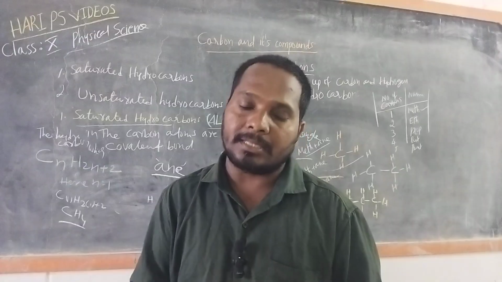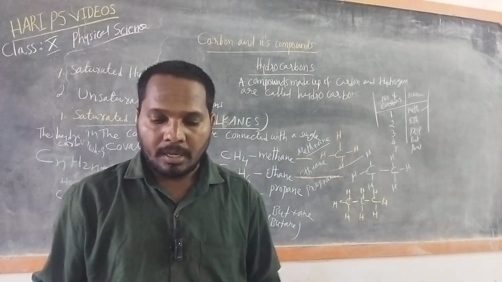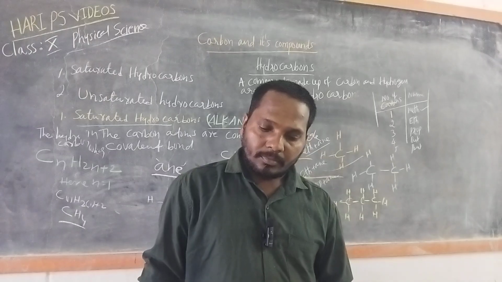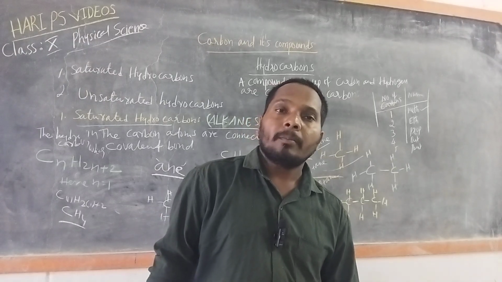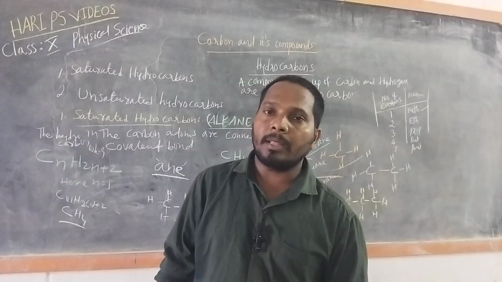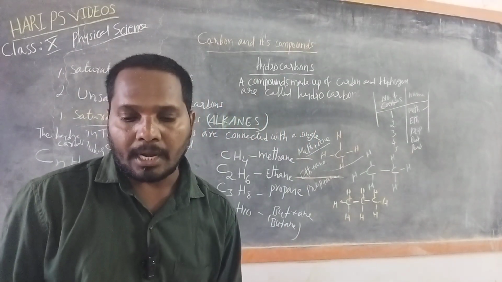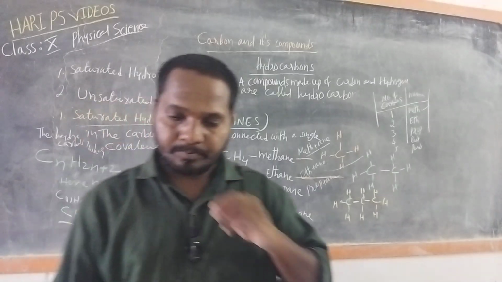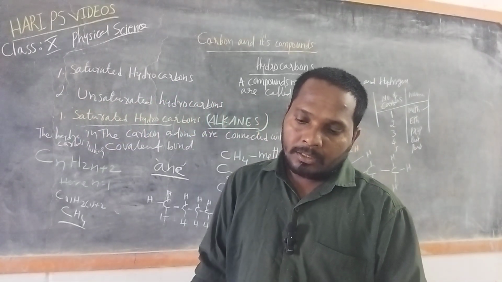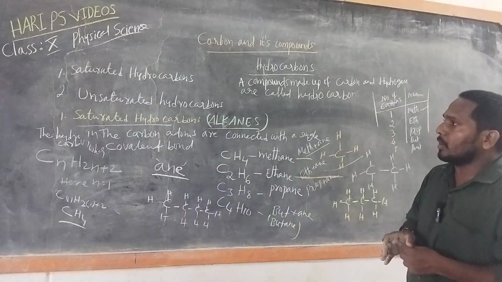The alkanes, methane, ethane, propane, butane, pentane, are formed by covalent bonds between carbon and carbon, and between carbon and hydrogen. So this is about saturated hydrocarbons.